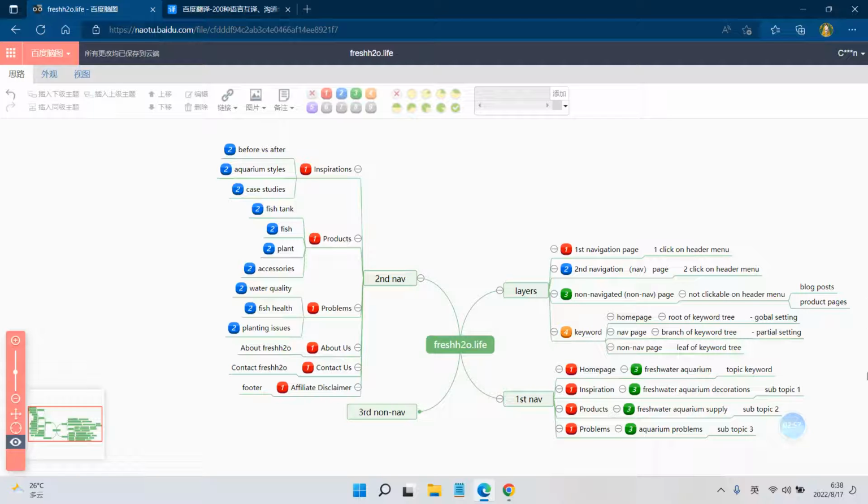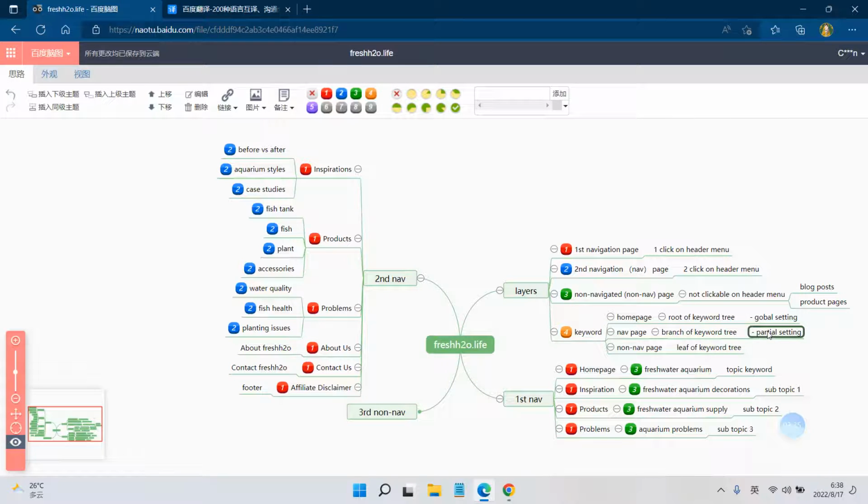So these will be the keywords we can see. It is actually showing the keyword structure. The homepage will be the root of the keyword tree, and it will be a global setting, and the navigation pages including the second navigation page will be the branch of the keyword tree.